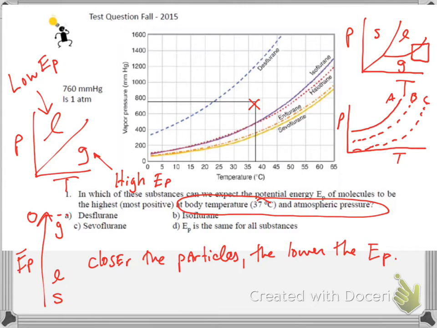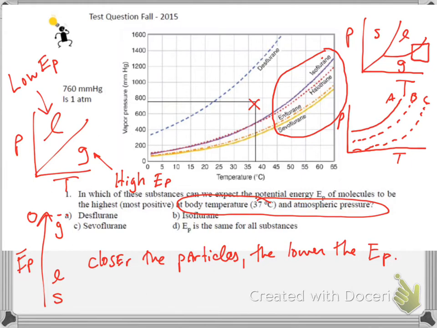And now we need to find out, are all these substances liquids, or is one of them a liquid and the rest gases, or is only one a gas and the rest liquids? And when we do that, we see that all the substances to the right of that X are in the liquid form, right?